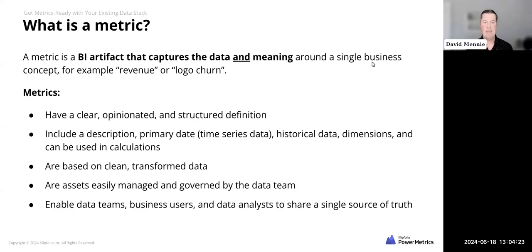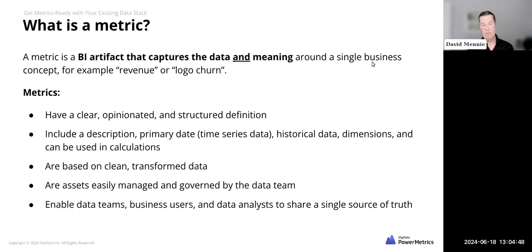Typically, metrics have a name, a description. They often have or should have a primary date value that can be used, specifically because metrics are generally around time series data. We also have historical data associated with the metric and various dimensions that can be used to segment that metric in addition to the core calculation.